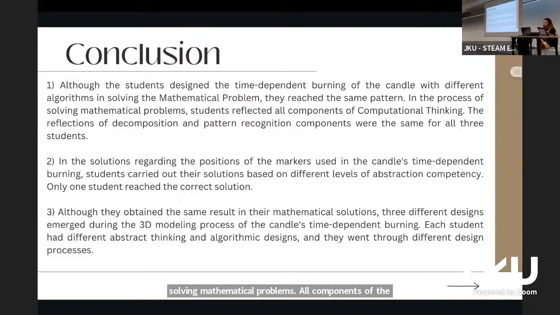The reflection of the decomposition and pattern recognition components were the same for all three students. In the solutions regarding the position of the marker used in the candle's time-dependent burning, students carried out their solutions based on different levels of abstraction capacity. Only one student reached the correct solution.